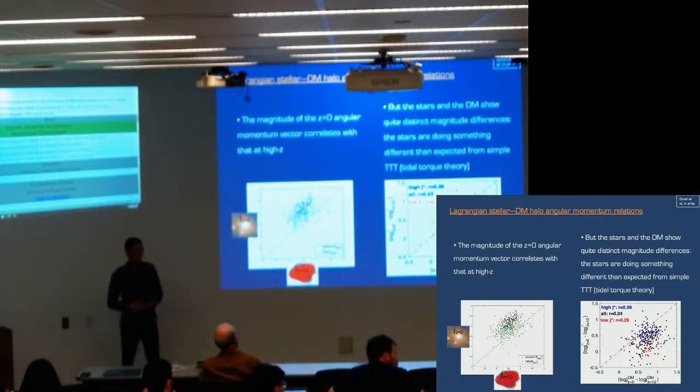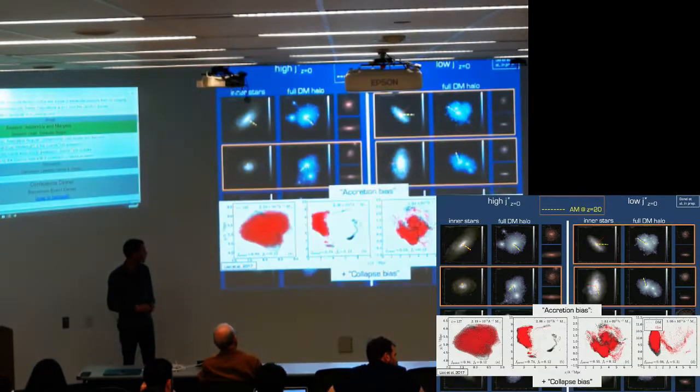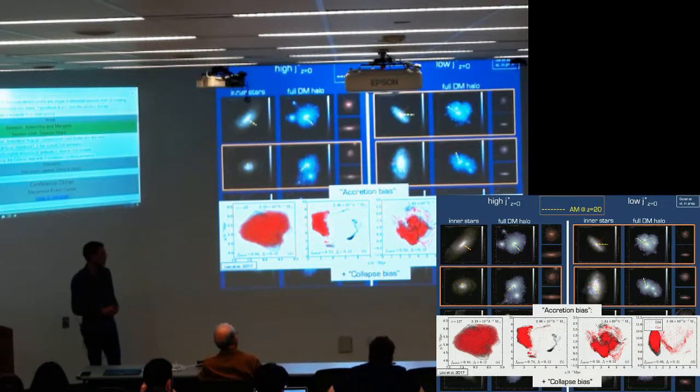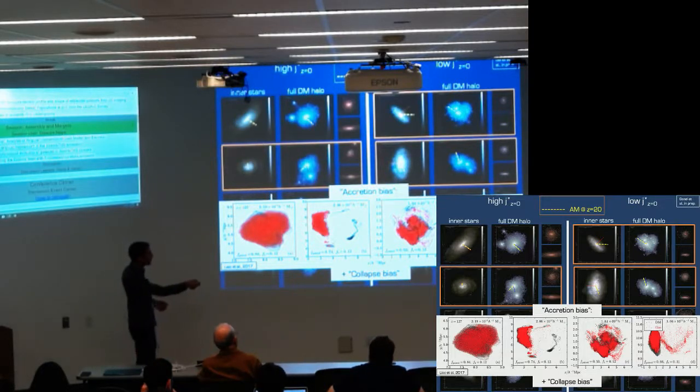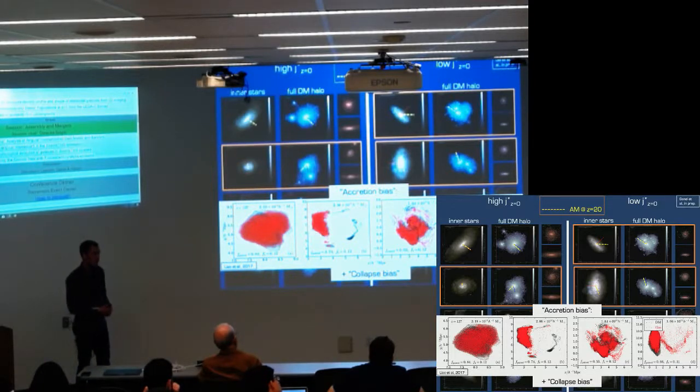Brian? I was very puzzled by this dramatic difference in the Lagrangian volumes for the gas and the dark matter. You call it a collapse bias, but what is black? Black is dark matter, regions that don't have any corresponding gas.